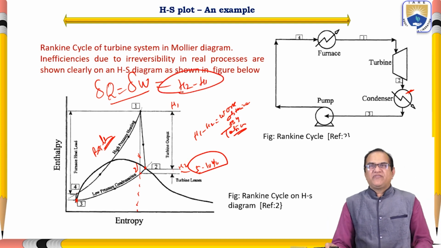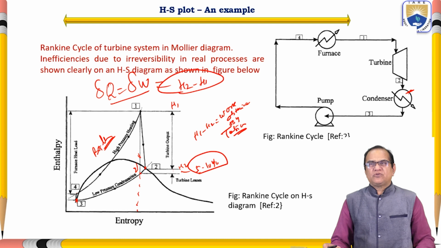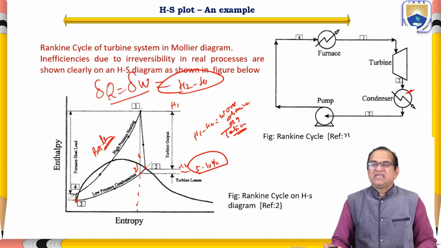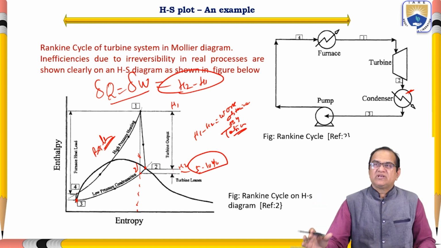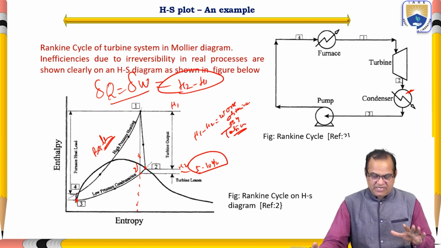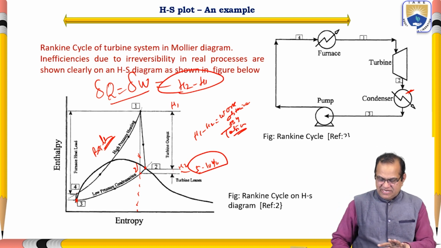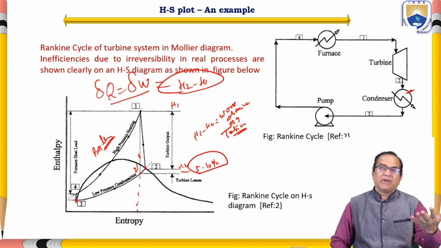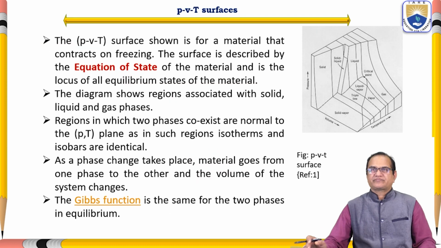So that is the benefit, and this example shows how we can represent any real industrial problems like thermal power plants or gas turbine engines in an HS plot as described. Here I have shown the Rankine cycle, but you can make the Brayton cycle or any refrigeration cycle like Bell-Coleman cycle and all, you can represent in this HS diagram.